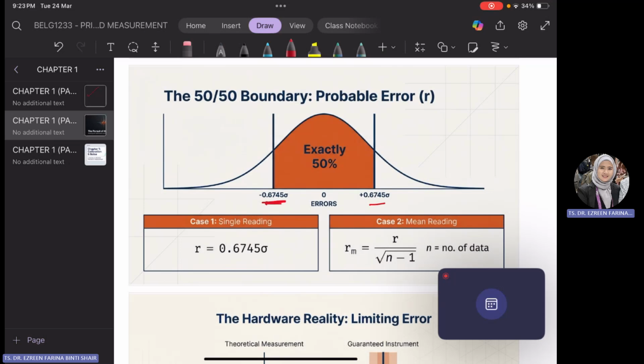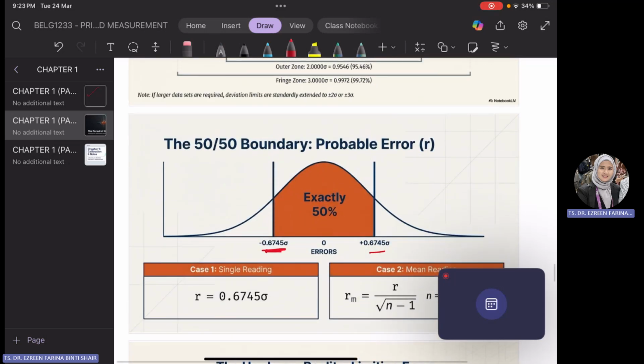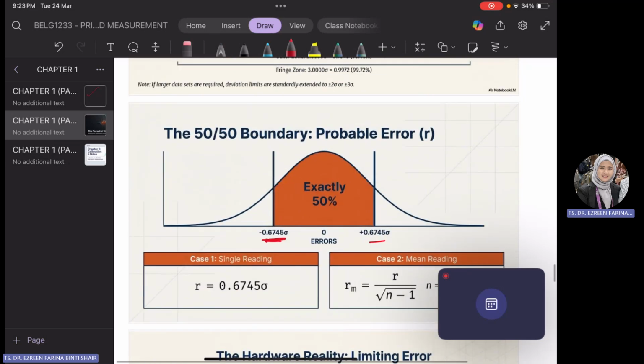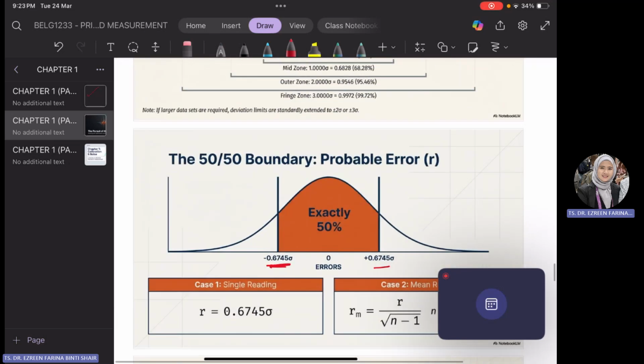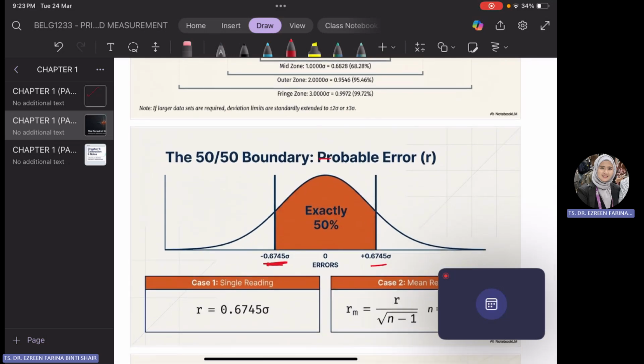So rm equals r divided by the square root of n minus 1, where n is the number of data. This is what we call the probable error, r.